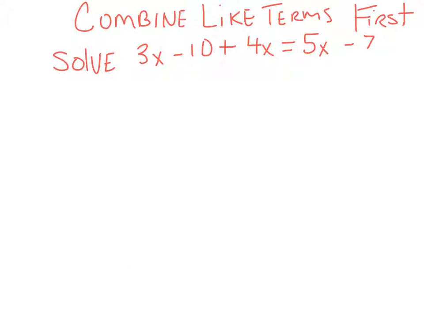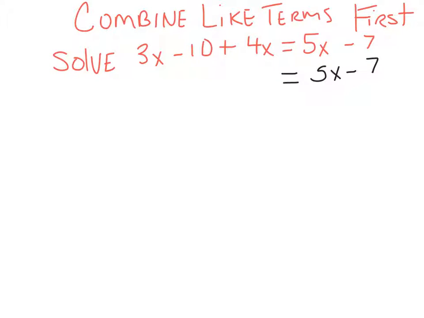So we have 3x minus 10 plus 4x equals 5x minus 7. We will get rid of the 4x here. Let's see. So first thing we want to do is combine like terms on each side. There's nothing to combine over here.